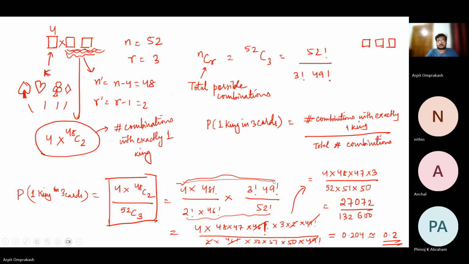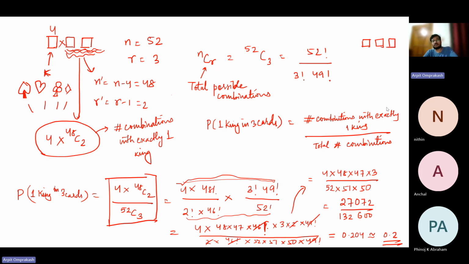Right. Is that clear? Once you practice a few of these questions and try using the calculator, I think NPTEL somewhere would provide a link to that calculator.